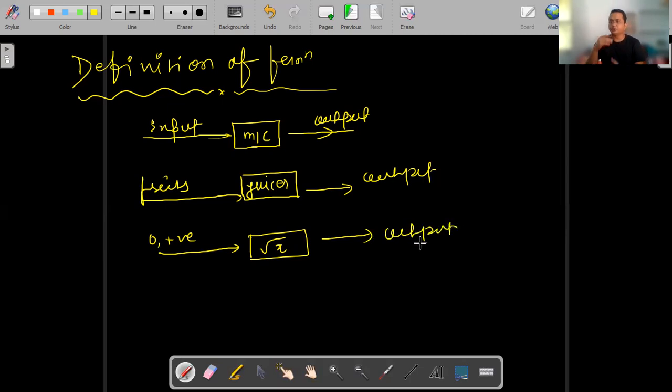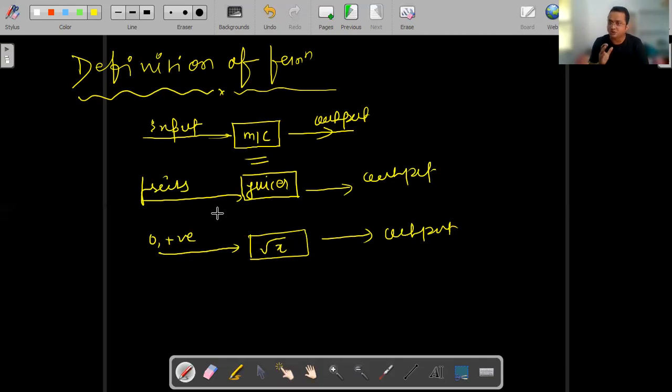And you can also ask, okay, this is, let's say, a machine. In this machine, if instead of putting fruits, you put wood, then what will happen? Yeah, definitely the machine will get broken. Why? Because every machine has its own efficiency, right? So it is not that whatever you want you put and you will get some output.